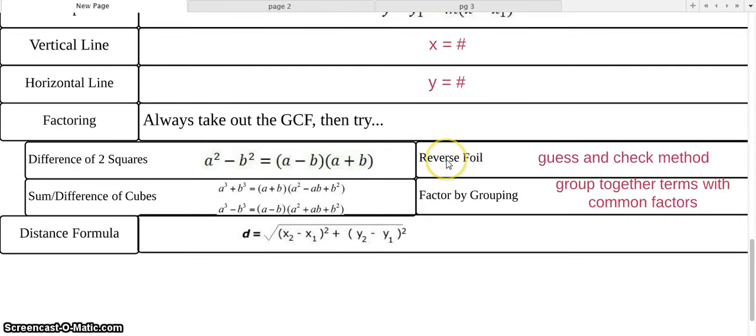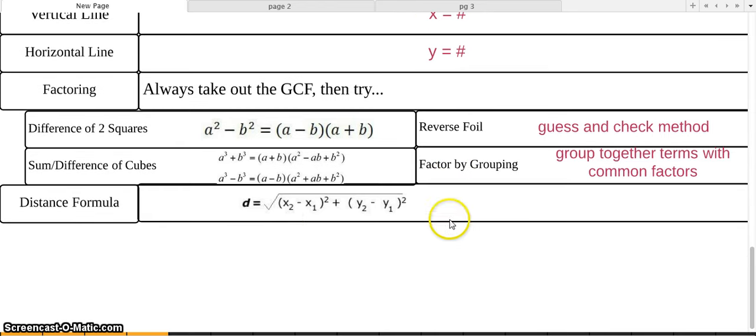All right, reverse FOIL is basically just your guess and check method way of factoring. And factor by grouping is grouping terms together with common factors, and we will practice that also later on in the semester.